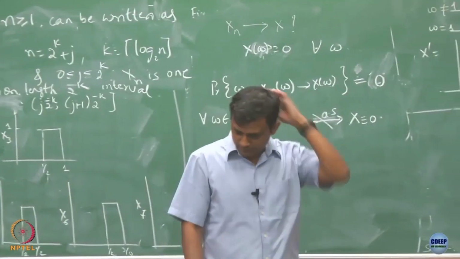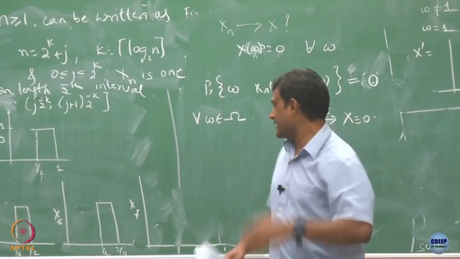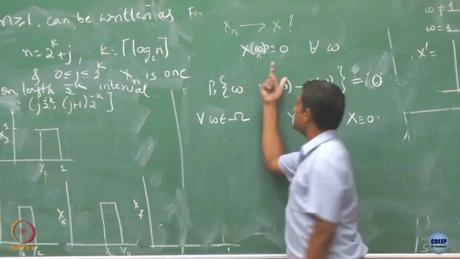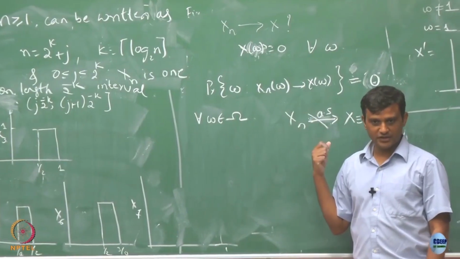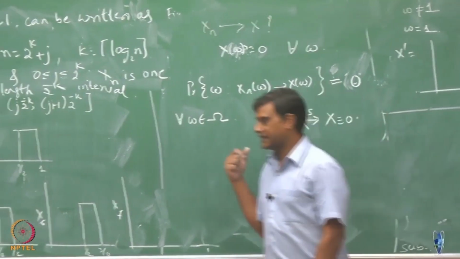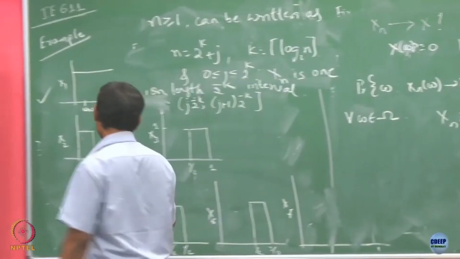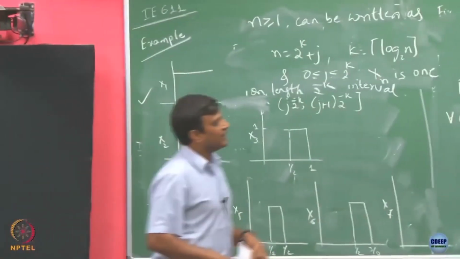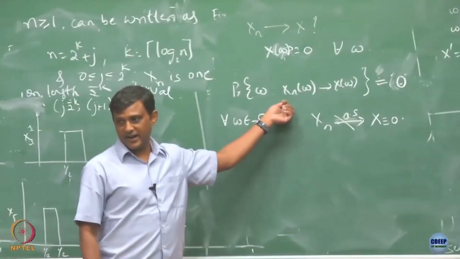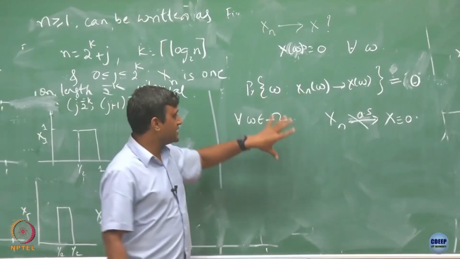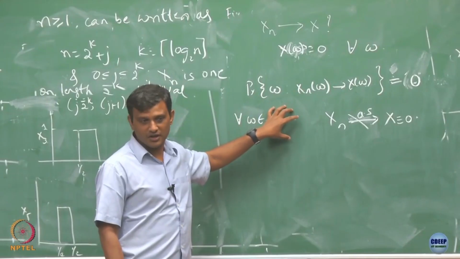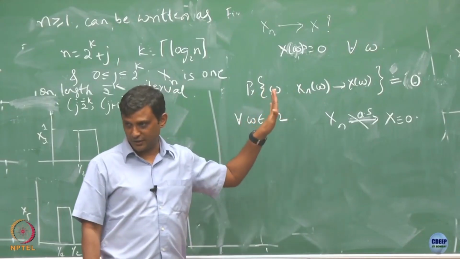But still you will see that for most values of n it is going to take value 0. Then it looks like maybe I could think of this sequence of random variables converging to a random variable x which is identically 0, but this definition of almost sure convergence is not capturing that notion.